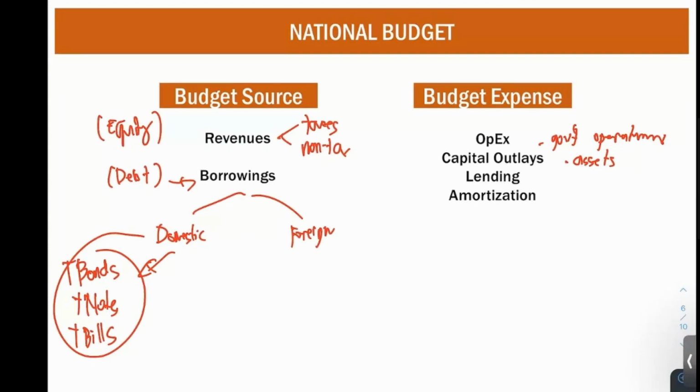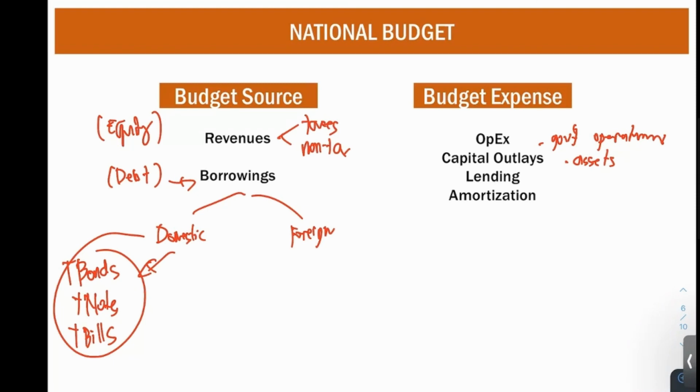Next, we have expenditures on your lending. So these are advances by the national government for your debt and loan outlays to government corporations. So the government does not only fund money. Sometimes it also lends money. So if ever we lend money, then that is part of our budget expense.